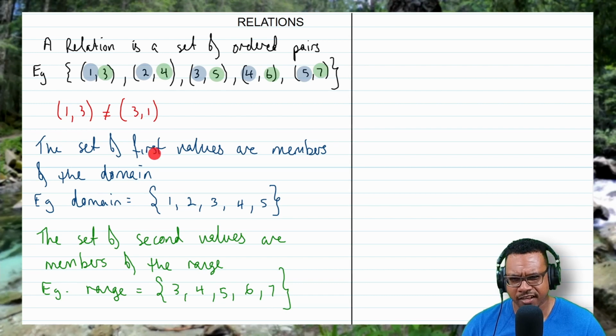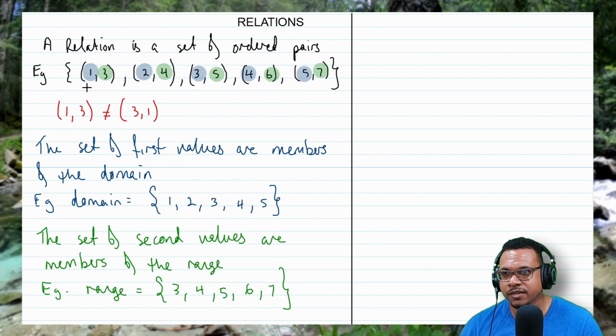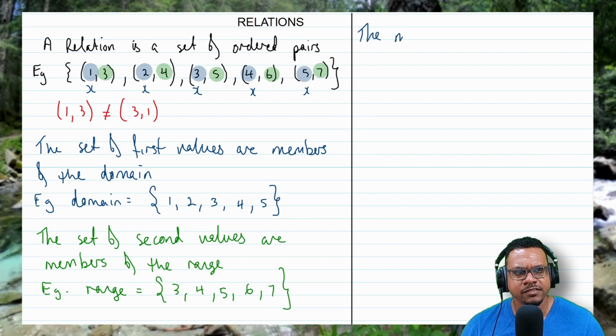Now, this set of first values that are members of the domain are known as X values. So the 1, 2, 3, 4, and 5 are known as X values. All right, so that's X here. So I'll write that the members of the domain are X values.